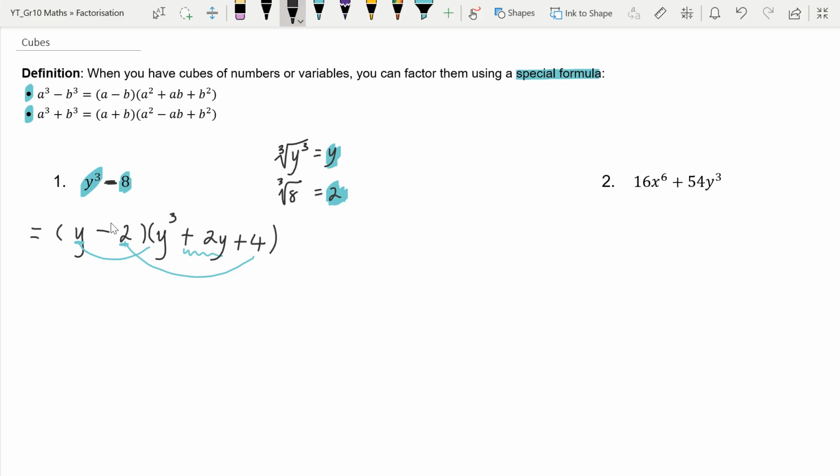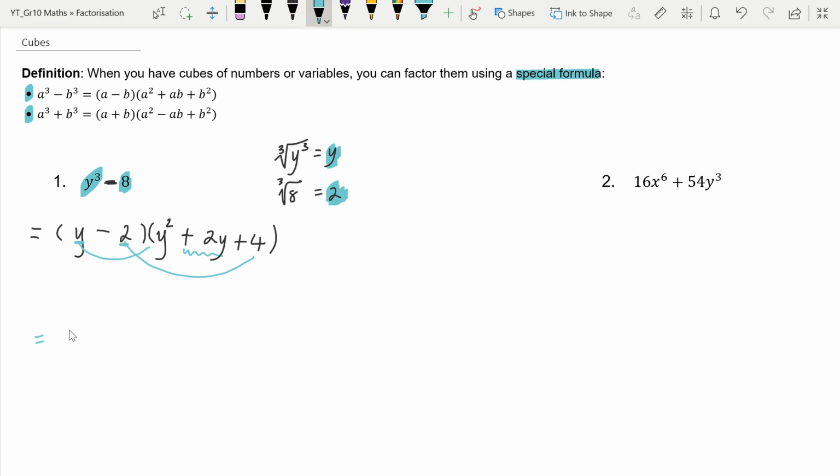We factorized using cubes. How can we check if this works? Well, if we multiply it back out, we will get back where we started. Shall we just quickly do that? I did a very silly thing there. You saw that, hey? That should be a square. I think I said square, but maybe wrote a cube.